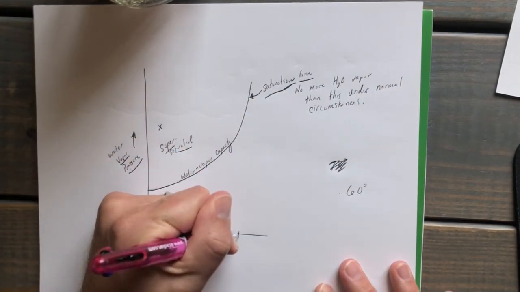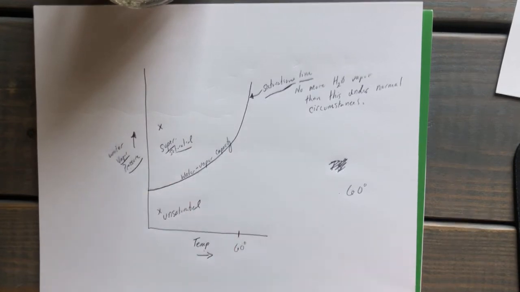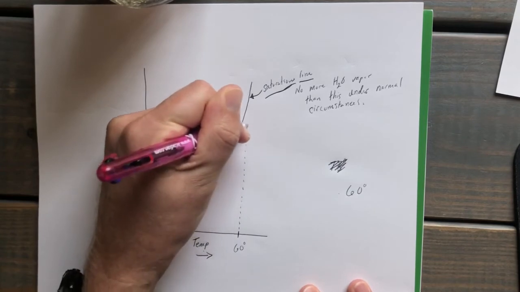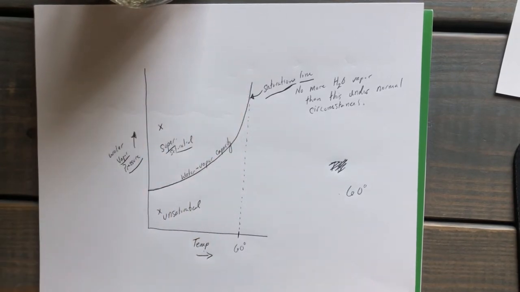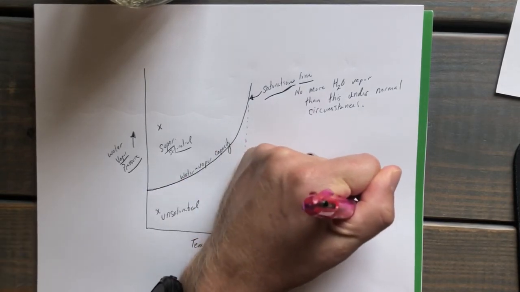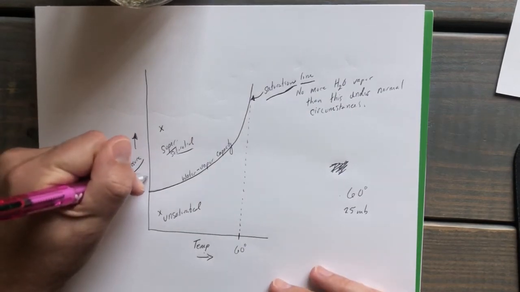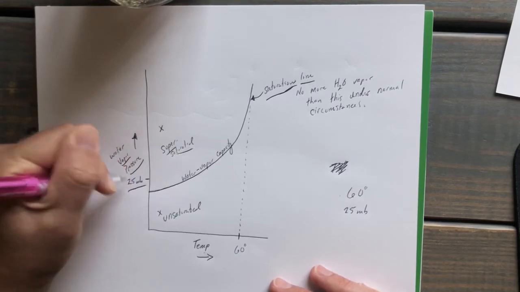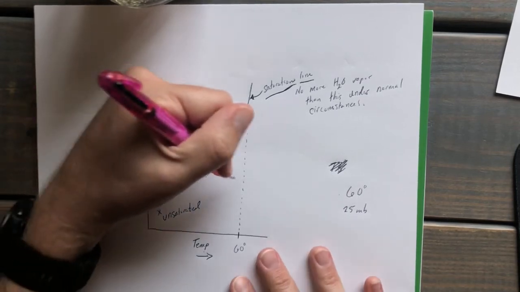So here's your 60 degrees, associated with that vertical dashed line. Say the vapor pressure is, I don't know, 25 millibars. This is not going to be drawn to scale.